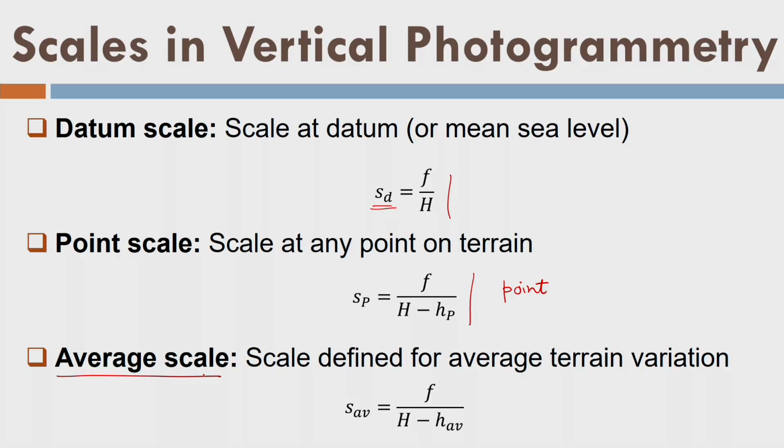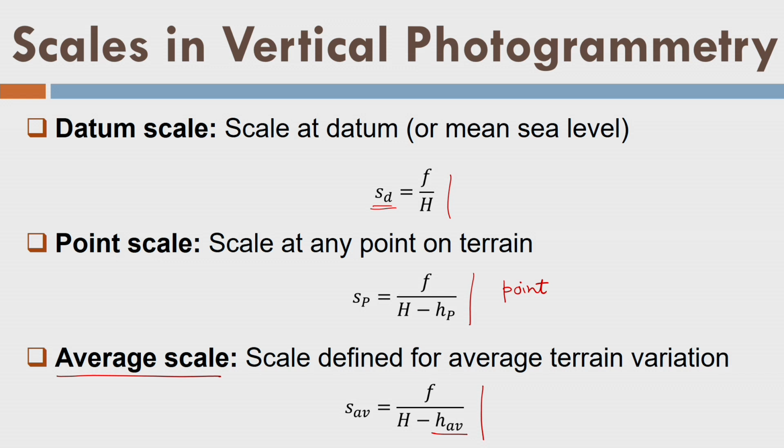So, each point will have a different elevation, each point will have a different scale. But as you know, a map always has a uniform scale. So, I need to derive some uniform scale. So, what will I do? I will derive a term called average scale, where I will take the average value of the terrain elevation, that means averaging all the points, and then taking the average elevation, and so I am defining the average scale.